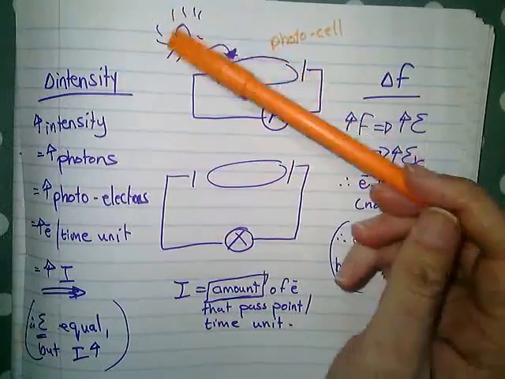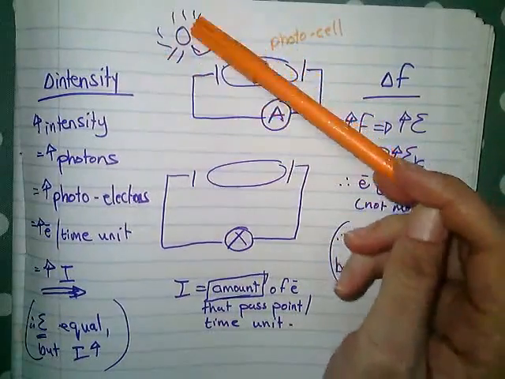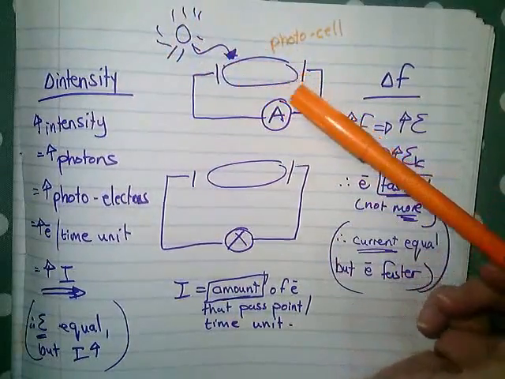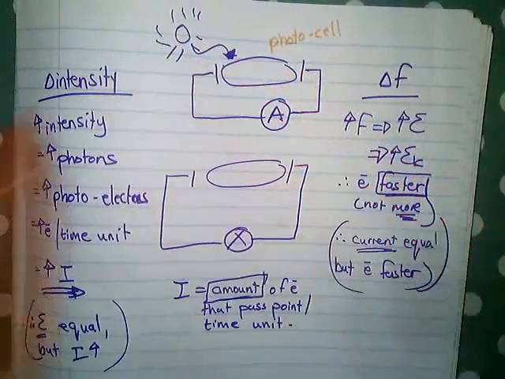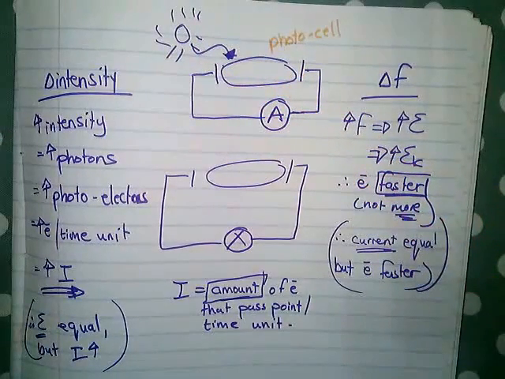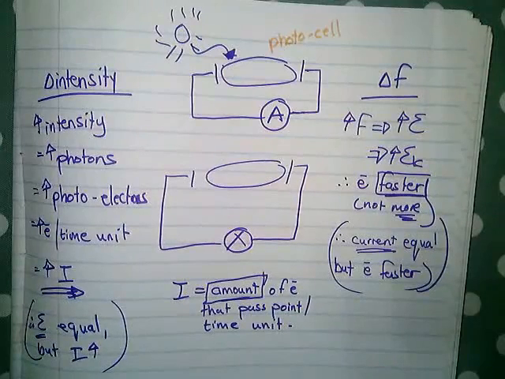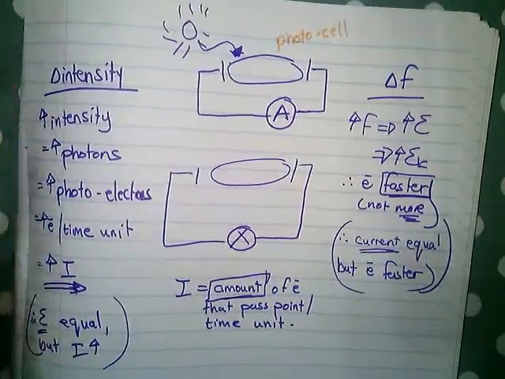So we're going to need a light source, we're going to need a metal with a certain work function, and then we can connect either an ammeter that would measure the current, or we could connect a light bulb that would become brighter the higher the current would be.